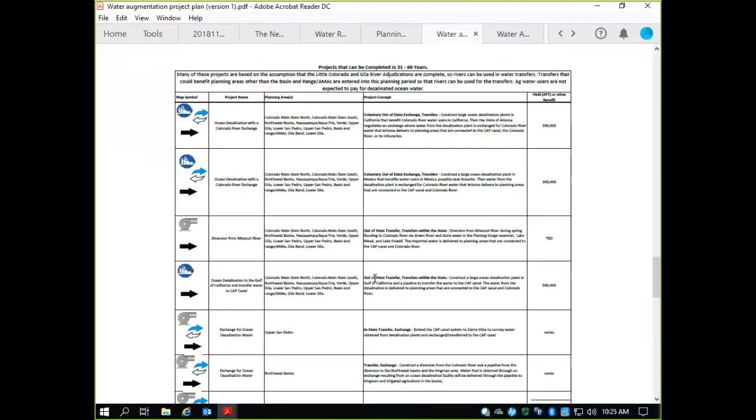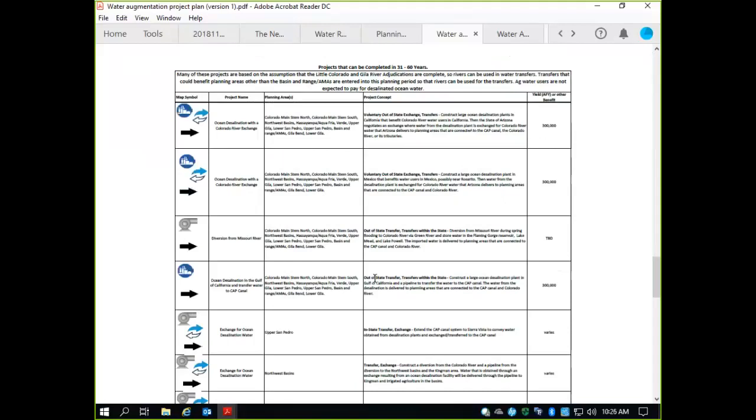Those projects we also define and group in a couple different ways. One is we had big projects, such as an ocean desalination project that could be used to get water to Arizona, and then we had a series of other smaller projects that were more specific as to how to get water brought to Arizona to a specific planning area.